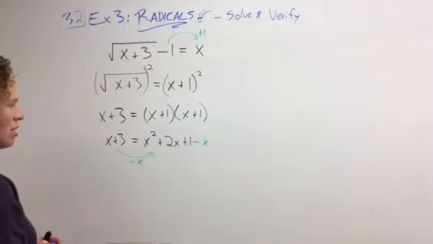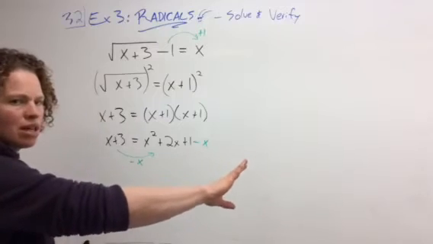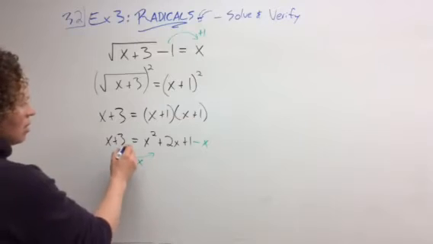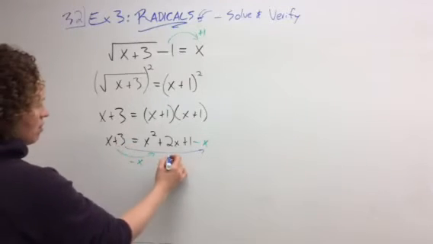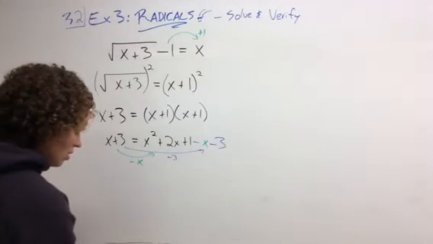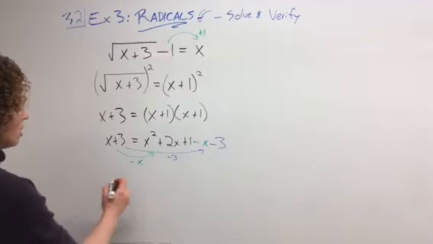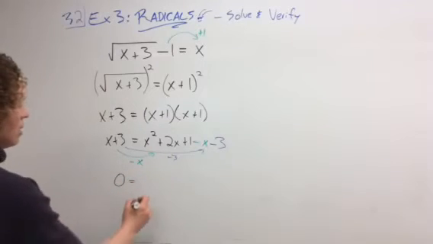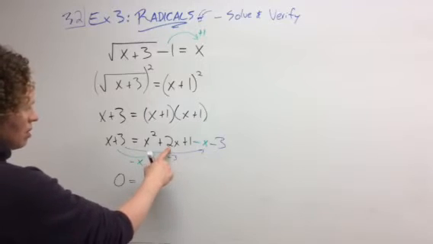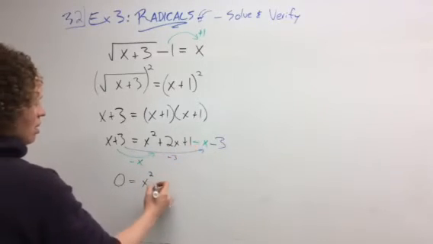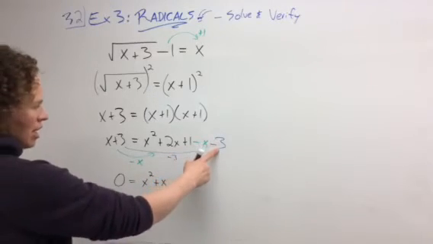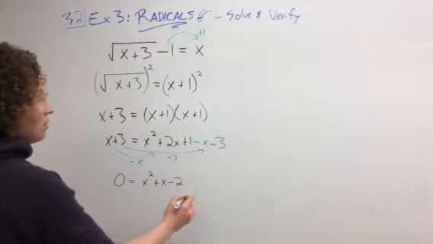In this case, I think it's easier to make everything on this side equal to 0, factor it, and move on. So the 3 is going to come across. It's a positive 3, so it's going to be a negative 3 as it comes across, and I'm left with that equation. I make the whole thing equal to 0 because I left nothing behind. I've got x squared, positive 2x and negative x gives me positive 1x, and positive 1 and negative 3 gets me negative 2.